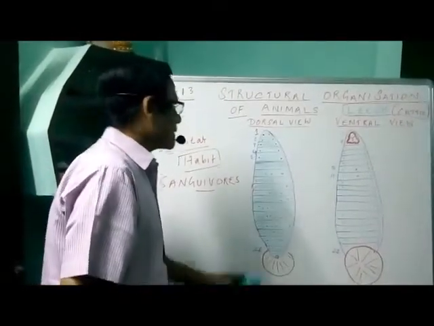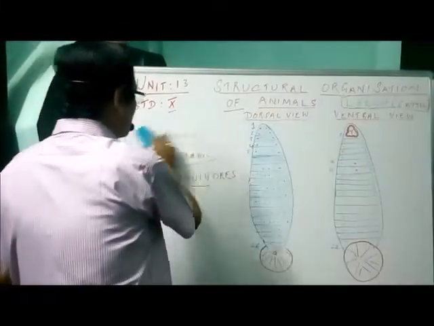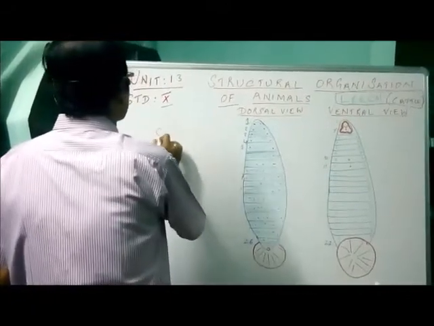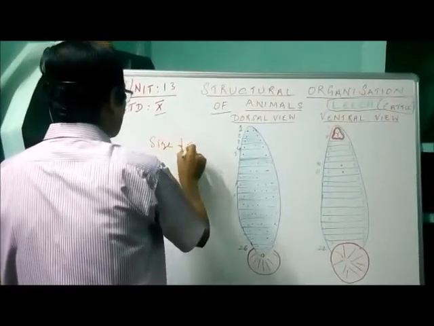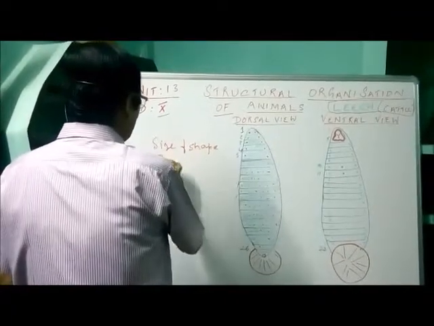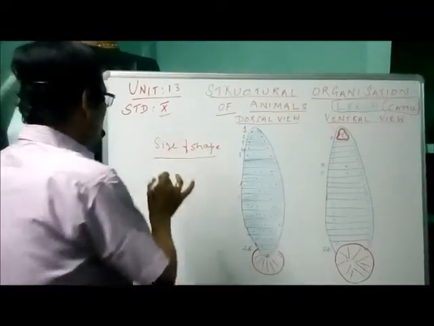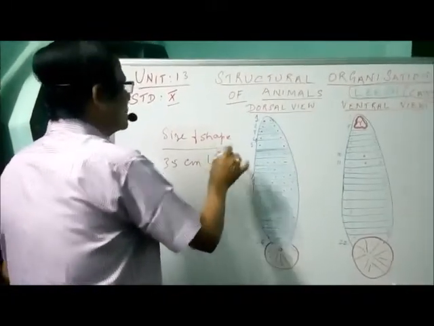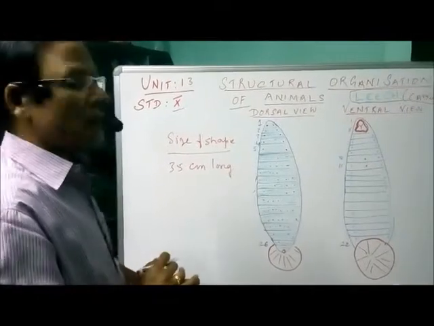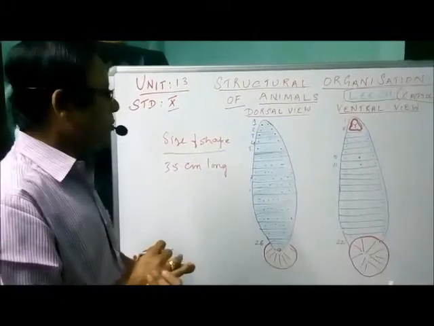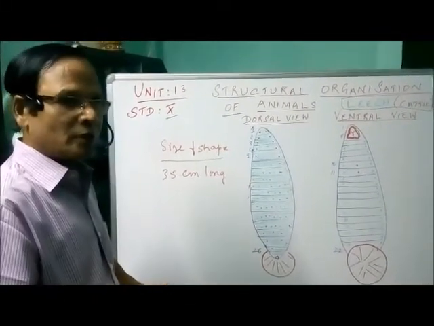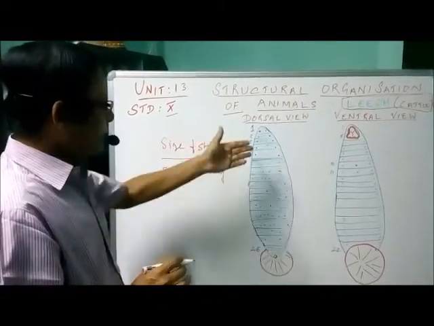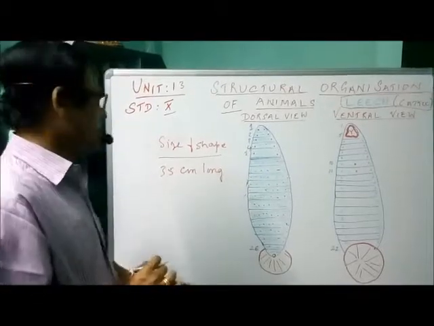Let's go for other characters regarding the external morphology. The size and shape. Now the animal is about 35 centimeter long. It is soft, vermiform, worm-like, elongated and segmented. So the body is divided into many segments metamerically.